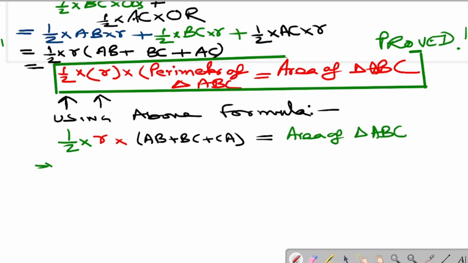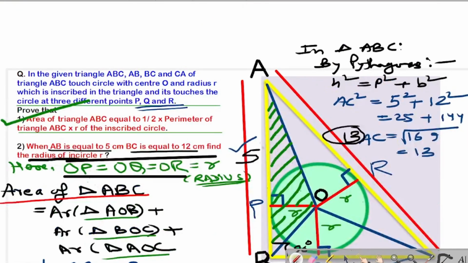So here, using the above formula, half into R into AB plus BC plus CA, that is the perimeter of triangle ABC, and we know this is equal to area of triangle ABC, and putting up the values of AB, BC and CA.